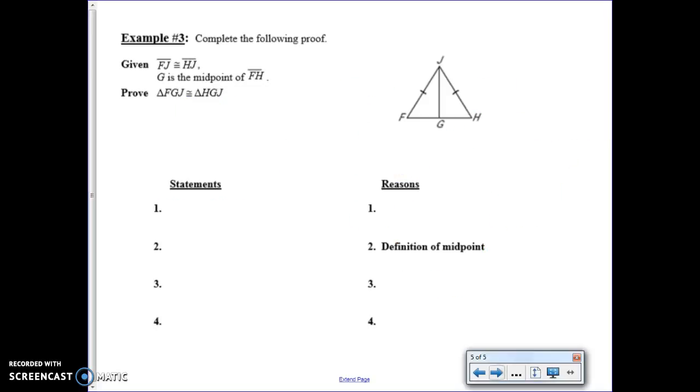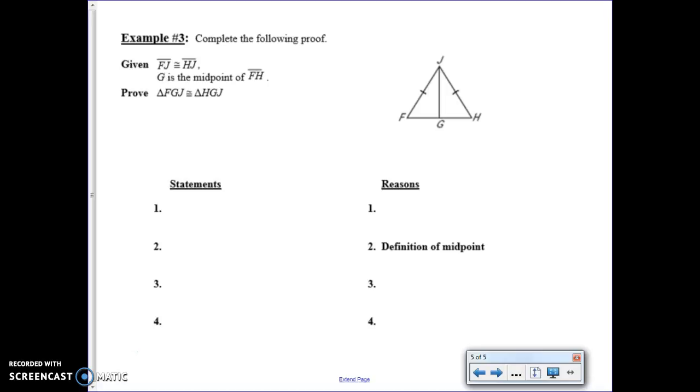All right. We have a proof coming up. It's been a while since we've done a proof. So first off, we have a picture there, and it says FJ is congruent to HJ. FJ is congruent to HJ, and G is the midpoint of FH.